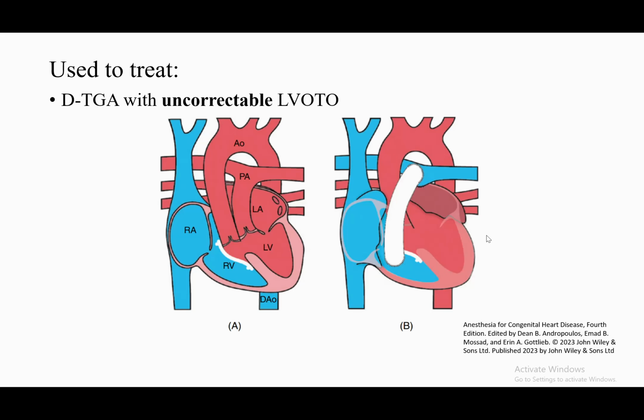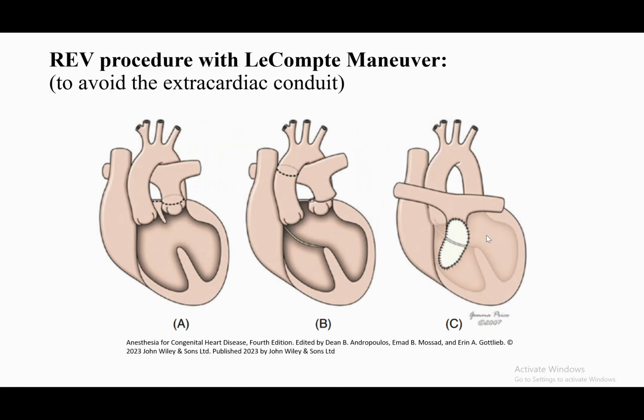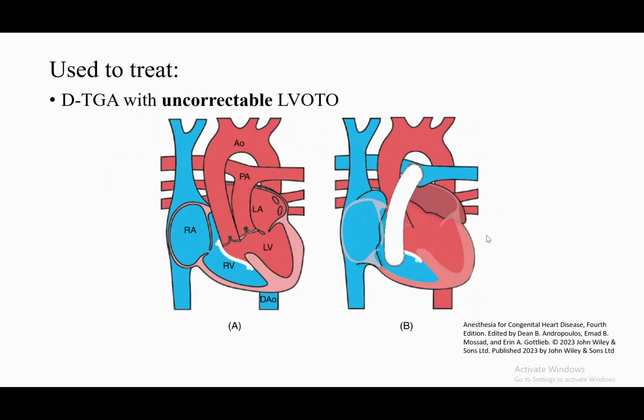This is the Rastelli operation. In the Rastelli there is a pulmonary stenosis, and there is a VSD that is committed to the outflow. So in this case we can put a baffle here to direct blood from the left ventricle to the aorta through the VSD, ignoring the pulmonary stenosis or even pulmonary atresia.